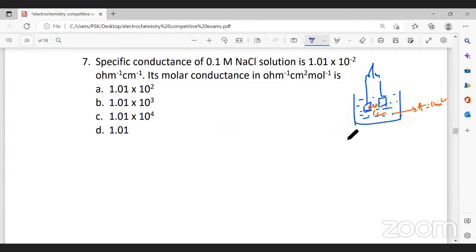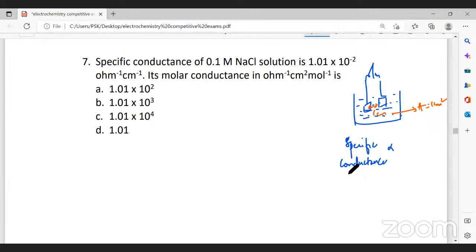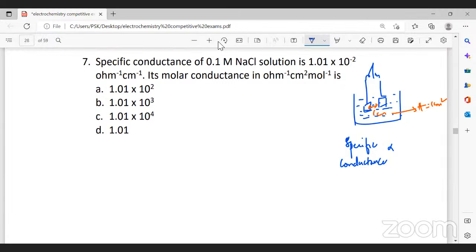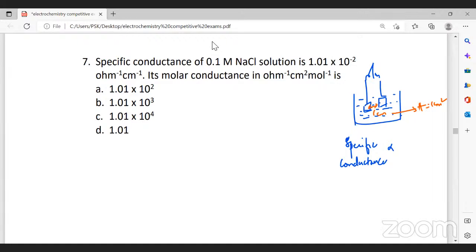Tell me what will happen to specific conductance on dilution. Will it increase, decrease or remain the same? Please tell me, participate in the class. Hello, are you there? Specific conductance with dilution.